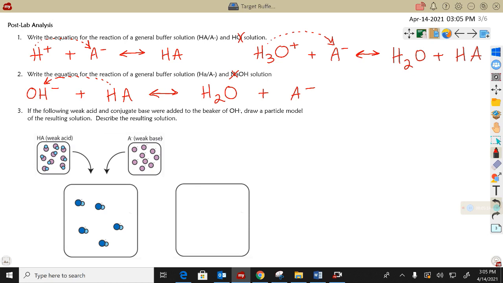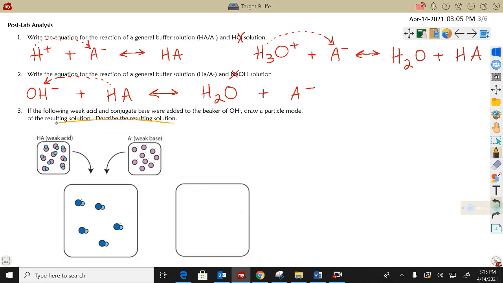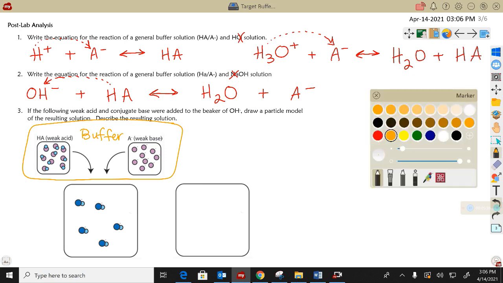Okay, so in a sense, what they're giving me is a buffer. This here is supposed to represent a buffer. It's going to be a mixture of the weak acid and its conjugate base. And to that buffer, we're adding hydroxide. So I think I'm going to start with the equation, and we're going to do a little buffer stoichiometry.